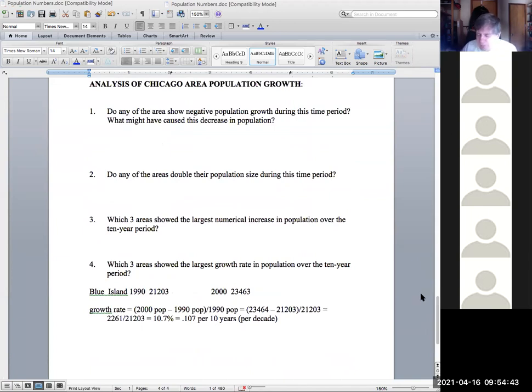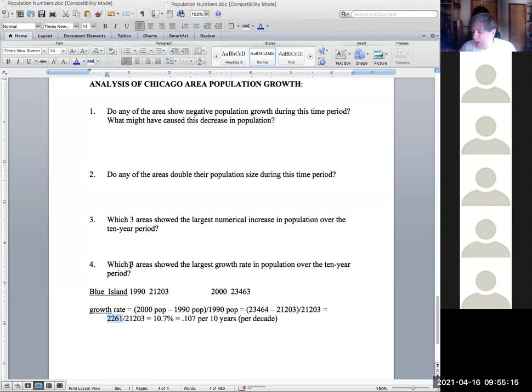Your answer for number 3 would just be the number 2,261, what you get when you take the 2000 population minus the 1990 population. Don't just carry over your 3 answers from number 3 and assume that those 3 will have the largest growth rate. They might, but they might not.